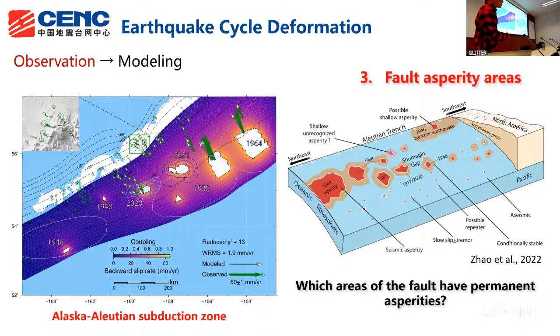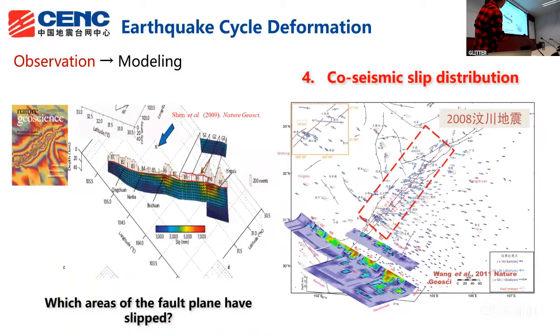This research also happened on the subduction zone. And for the coseismic, so after a big earthquake, we can also use the permanent coseismic displacement to reverse the fault plane. Which area of the fault plane has the big slip?